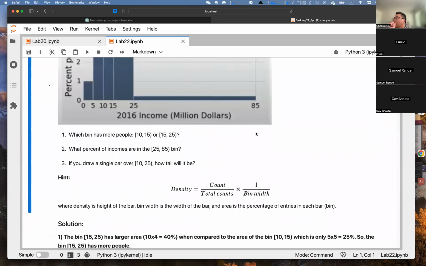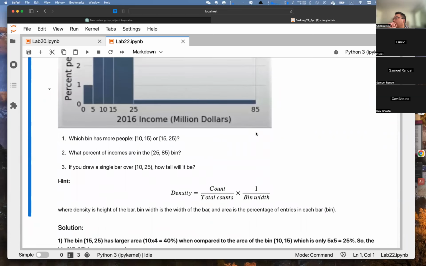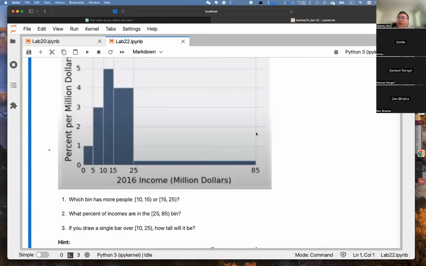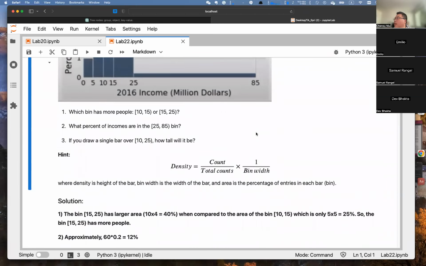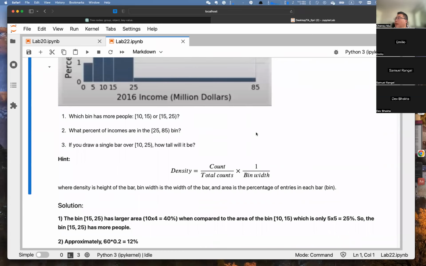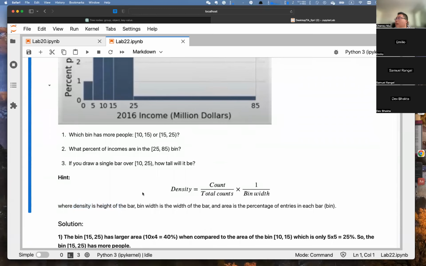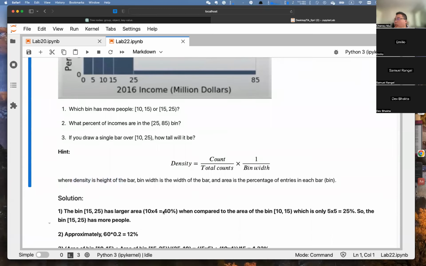The density is the height, and if you want to compute the area, you use the density, the height, multiplied by the bin width. Bin density is the height of the bar. And if you want to compute the number of people, you multiply the bin width by the height of the bar.